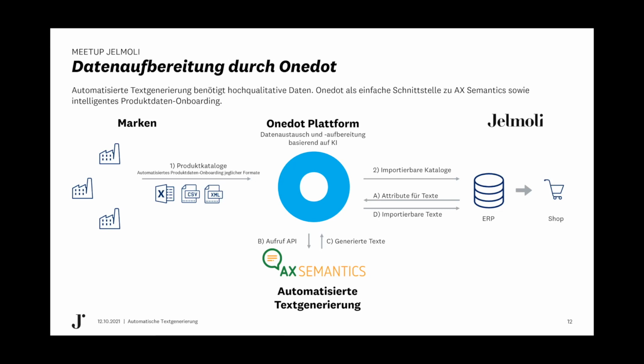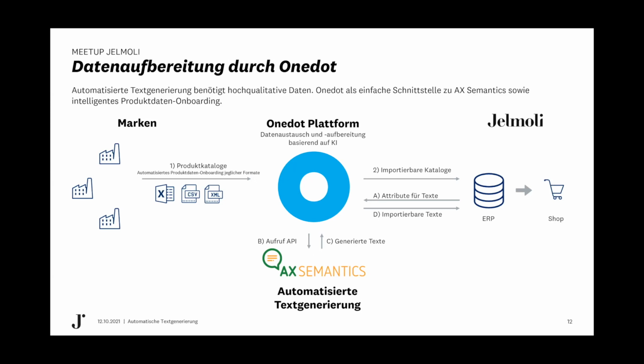We also did a quality assurance check on the Onedot platform. All the attributes that were not entered were not added in the AX system, but they remained in the Onedot platform. We exported XML files from the ERP, and we then checked the mandatory attributes and then added JSON files for the AX Semantics system.